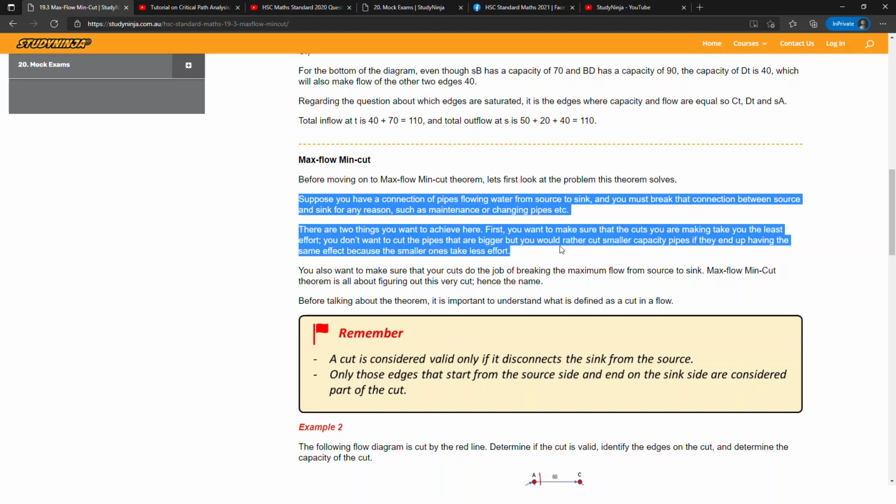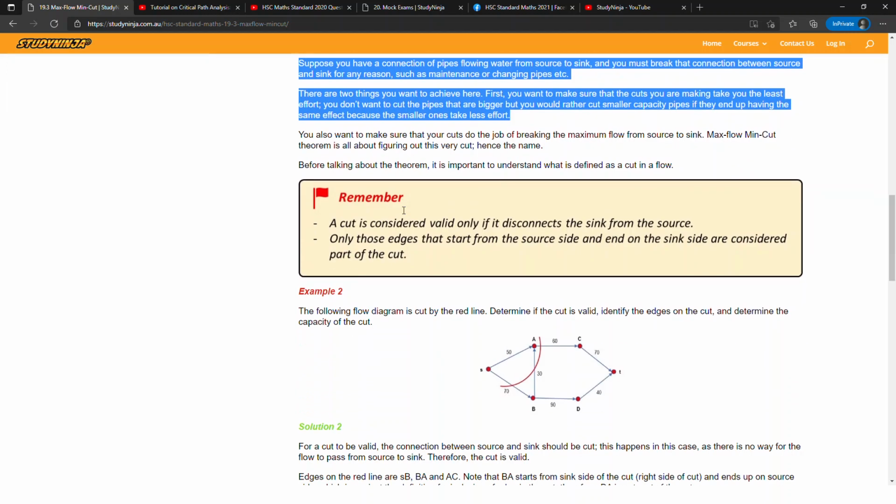Because most of the time, the examiner will put you in a situation, give you a scenario, and then you have to solve that scenario. But at the crux of it, the skill that you really need to know is how to determine what is the flow in each of the cuts that's going through.